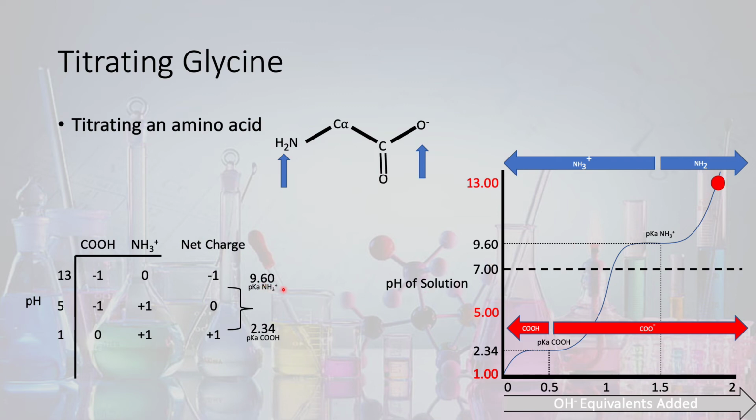So this is the functional group, basically the closest functional group with a pKa above the pH we tested for 0, and then the pKa of our carboxylic acid, which is the closest pH-pKa combination below the pH we tested where we received a 0. Right, so somewhere in between a pH of 9.6 and a pH of 2.34 is where true 0 will lie. Right, and so that's what we're looking at up here. Somewhere between this pKa and this pKa, there is a complete net 0 charge on our amino acid.